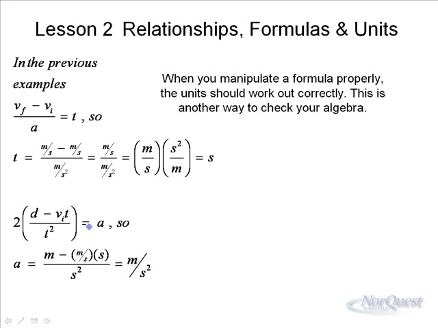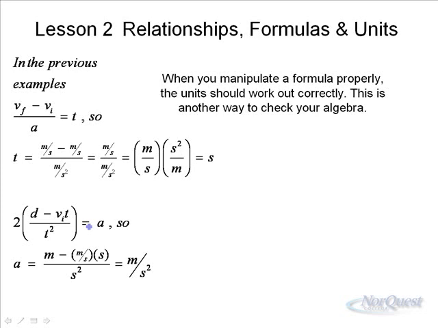So how do we know that we've manipulated the formula correctly? If the units work out properly, it's a very strong indicator that we've done everything correctly. Meters per second minus meters per second, still you have meters per second. Divide that by meters per second squared.